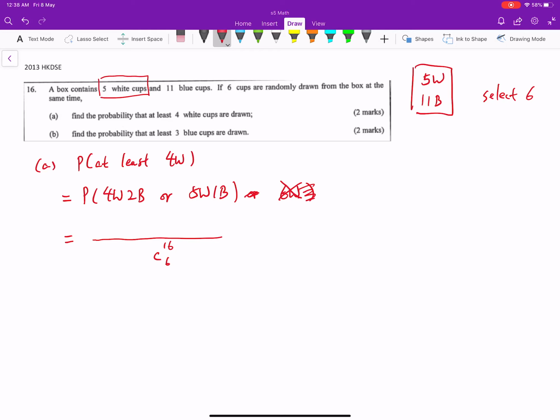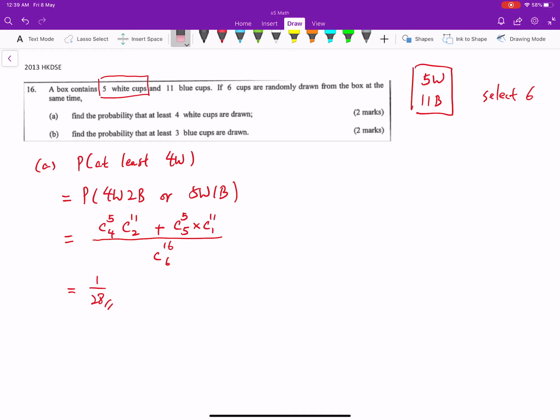And then for 4 white, 2 blue, so 5C4, and then 2 blue from 11 blue, so 11C2. And then we get plus 5C5 times 11C1. So here we get the answer 1/28.